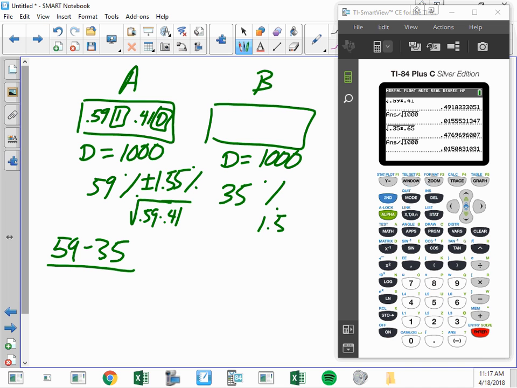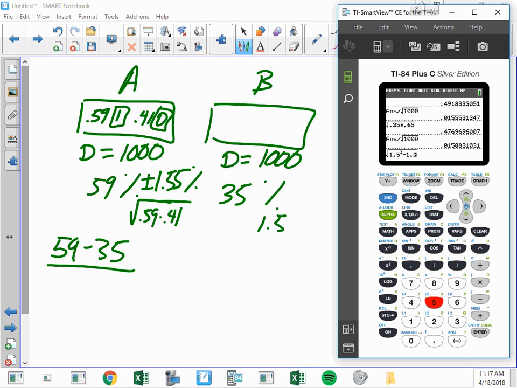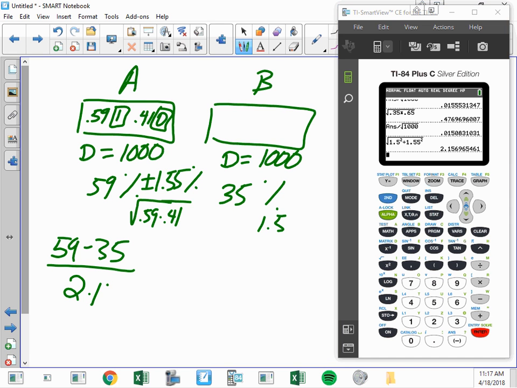One's 1.55 and one's 1.50. So SED is the square root of 1.5 squared plus 1.55 squared. So I'm going to divide this by 2.159.